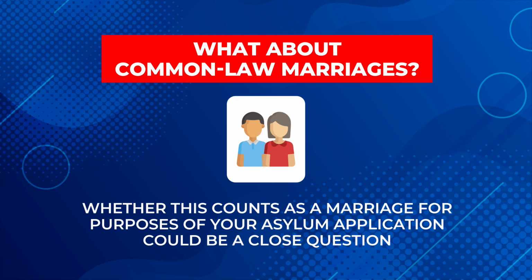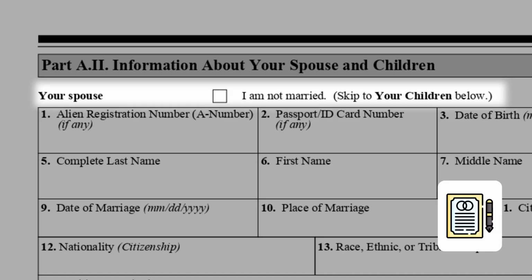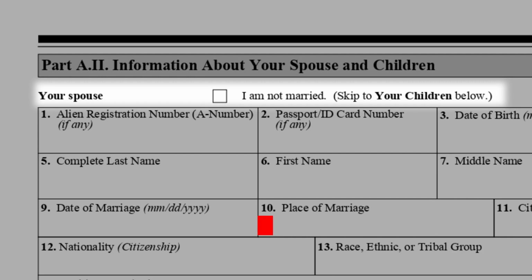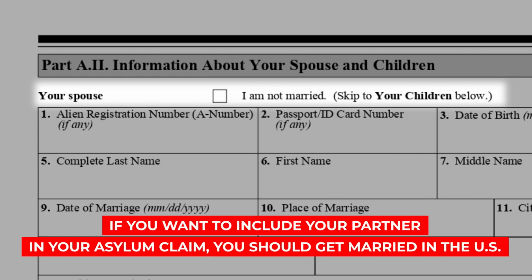And answering that question can actually be difficult. If you don't have some kind of formal recognition by your country or another country in which you had a marriage ceremony, then you probably need to check the box to signify that you are not married. If that's you, and you want to include your partner as a dependent in your asylum claim to have them be part of your application, then you should get married in the United States. More on that in a minute.